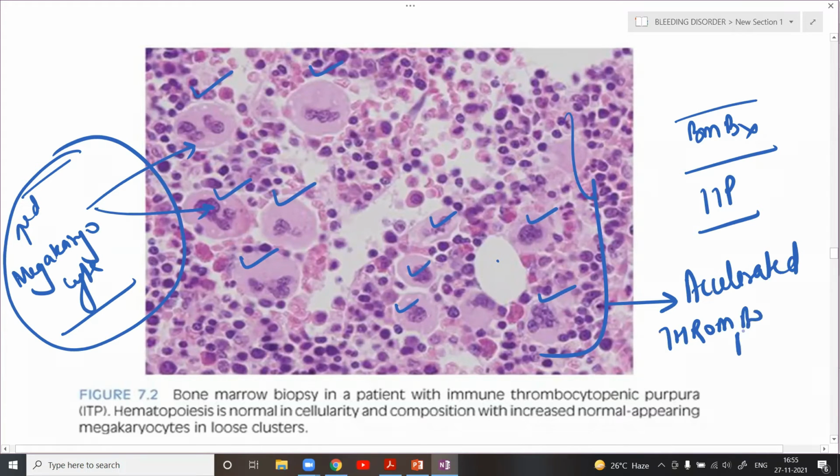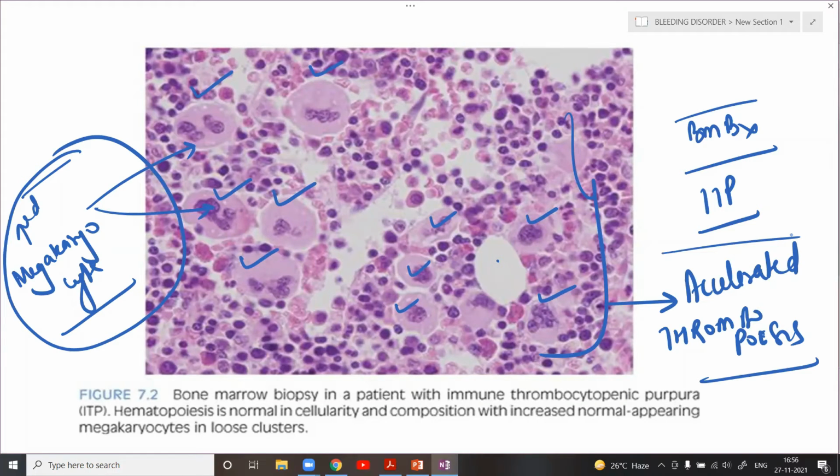So there is an excessive production of platelets, and why? Because somewhere down the line, the platelets are getting destroyed. So a peripheral blood smear showing thrombocytopenia, with a bone marrow showing excessive thrombopoietic activity with increased megakaryocytes, is a classic sign of ITP.